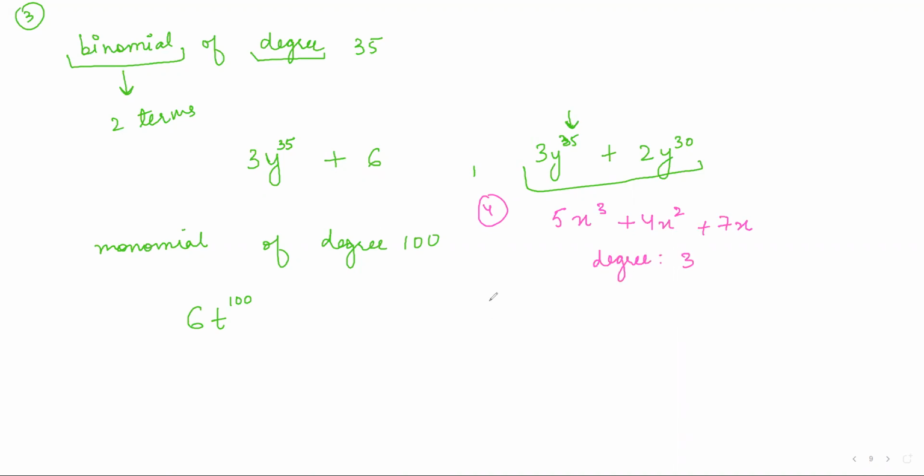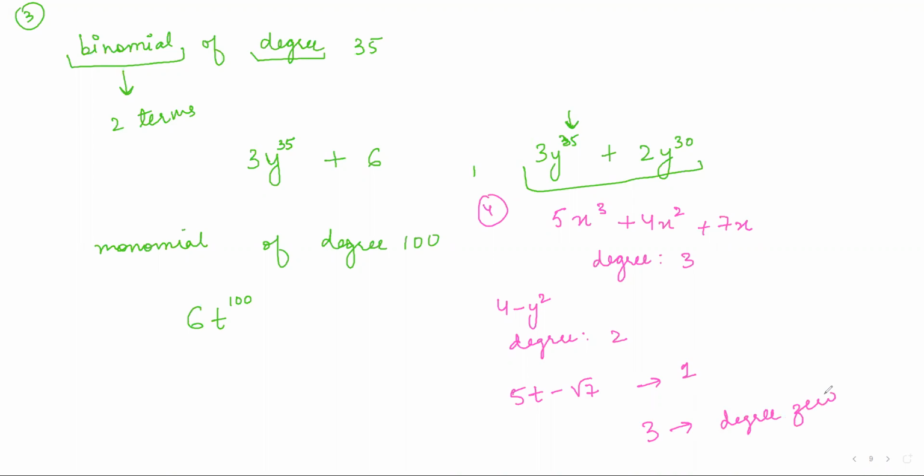Next, you have 4 minus y square. Zeba, what is the degree here? 2, good. Then next you have 5t minus under root 7. Yes, Zainab, what is the degree? 1. Okay, degree is 1. And then 3, what is the degree? 0. Degree 0, right?